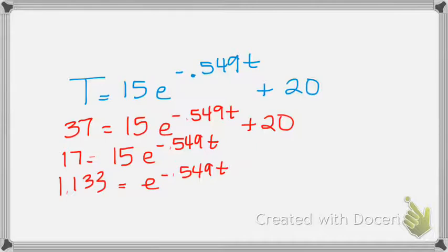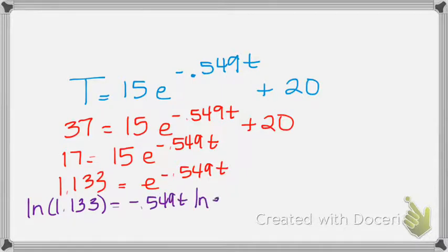Take the natural log on both sides. And then divide by that number that still is in your calculator.